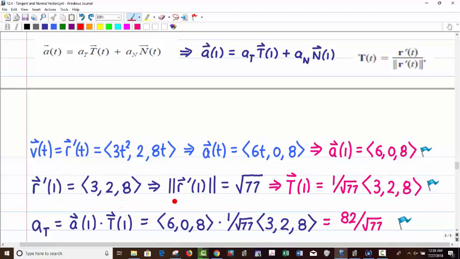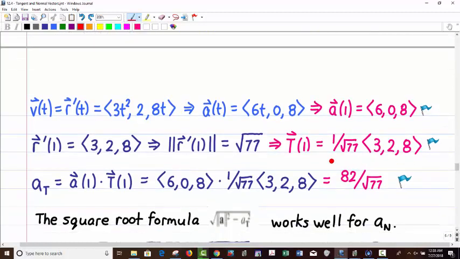And then we need the magnitude of this because we have to convert it to the unit tangent vector. So square those: 9 plus 4 plus 64 is 77. So the unit tangent vector is 1 over the square root of 77 times 3, 2, and 8. I guess I didn't want to use the space to distribute it through there. Obviously, it could be each term divided by the square root of 77. But that's a correct answer.